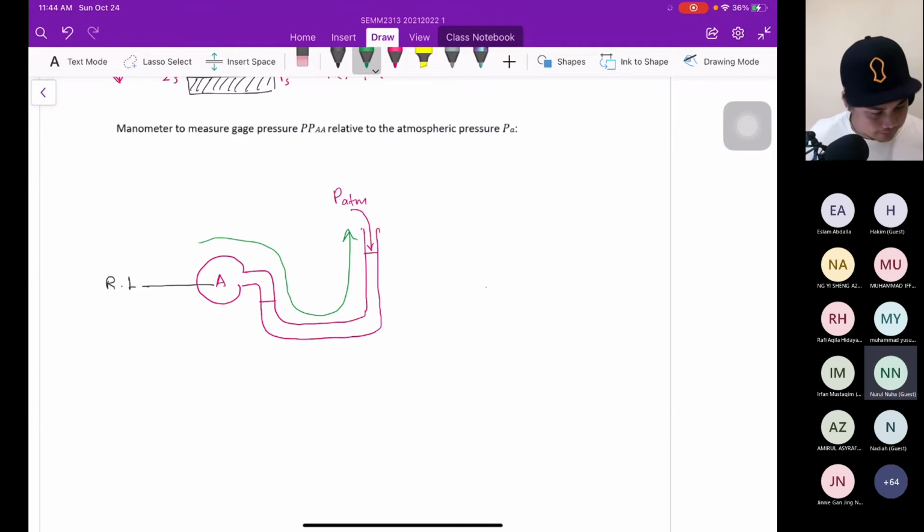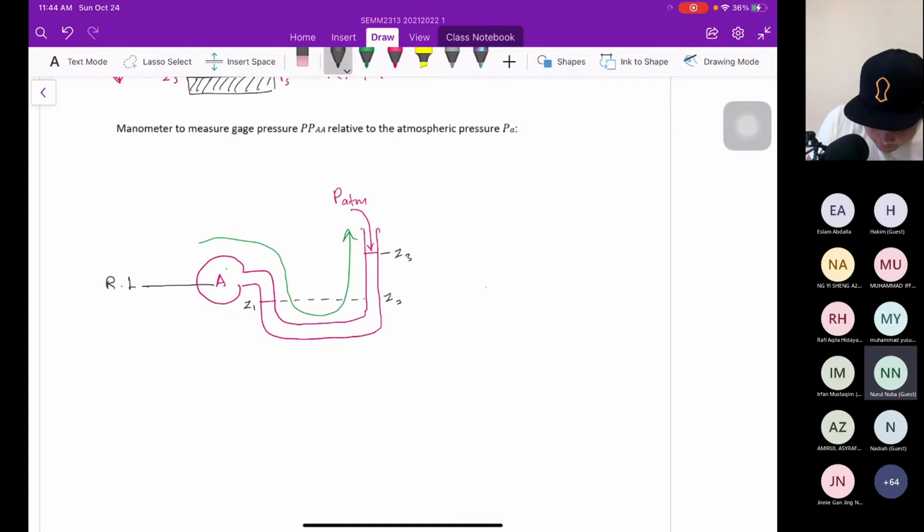After you set the direction, you set the points. Let's say this is Z1, and then the neighbor here, the same distance, the same height, let's say this is Z2, and this is of course Z3.